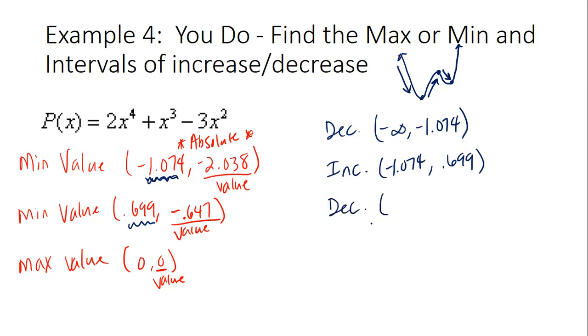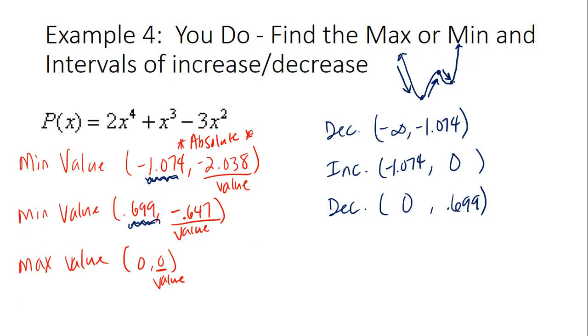We decrease from 0 to 0.699. I was trying to wing it without the graph, and at first I said 0.69 for the first value, but it was 0, the origin.